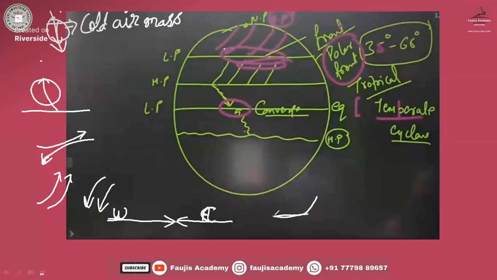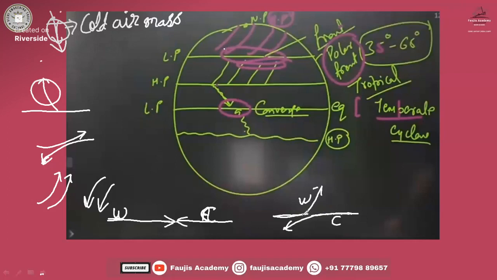This will start going upwards, and the cold air mass, when convergence happens, will start descending. So it will start going downwards of the warm air mass, and the formation will start happening. This is the warm air mass, this is the cold air mass.